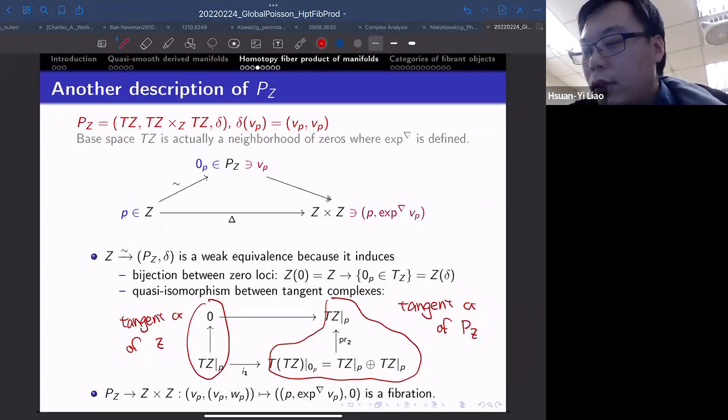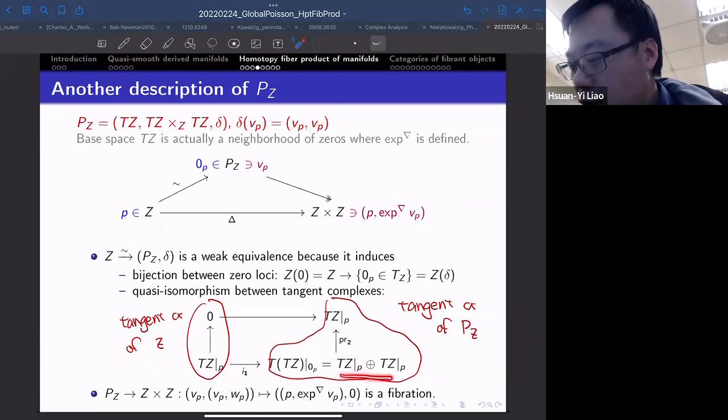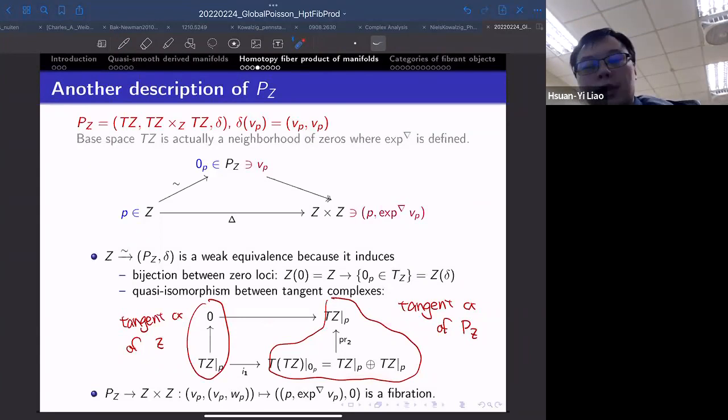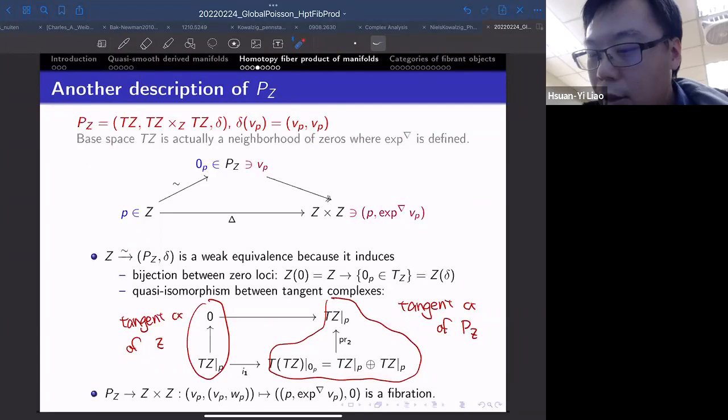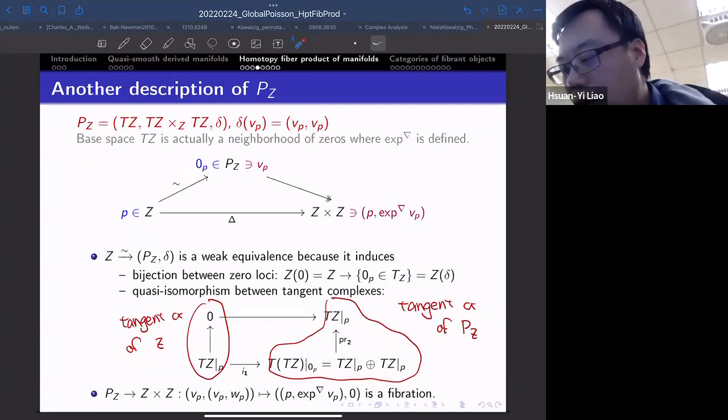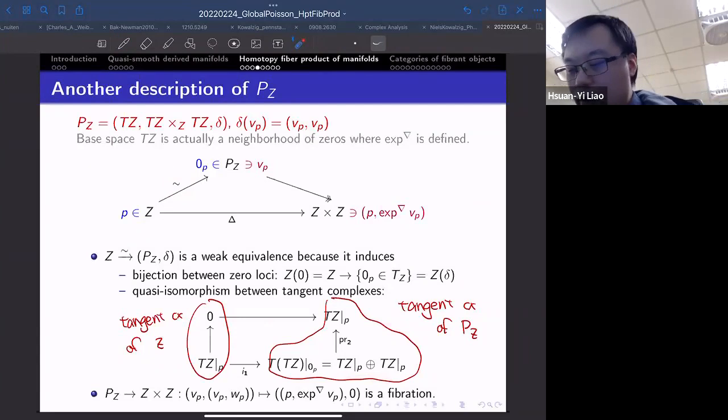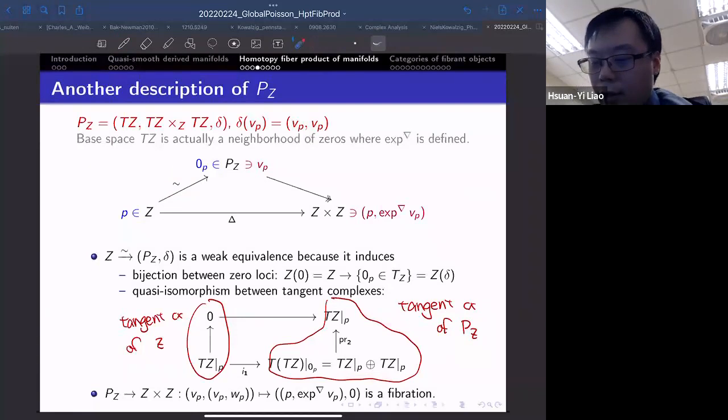And it's easy to check that this is a quasi-isomorphism at each classical locus. So it is indeed a weak equivalence. Yes. And this map is a fibration, like what I explained. Basically, it's because of the exponential map, and this map is a fibration.